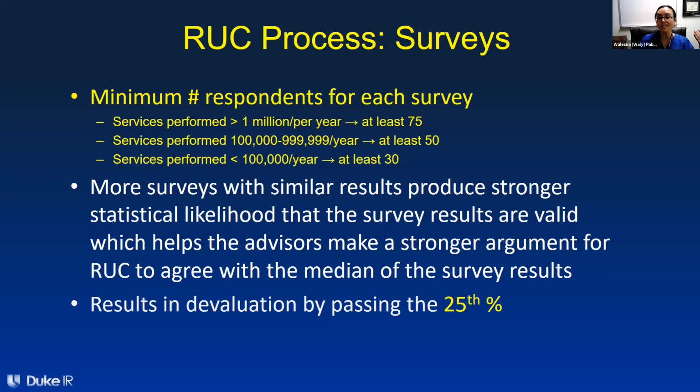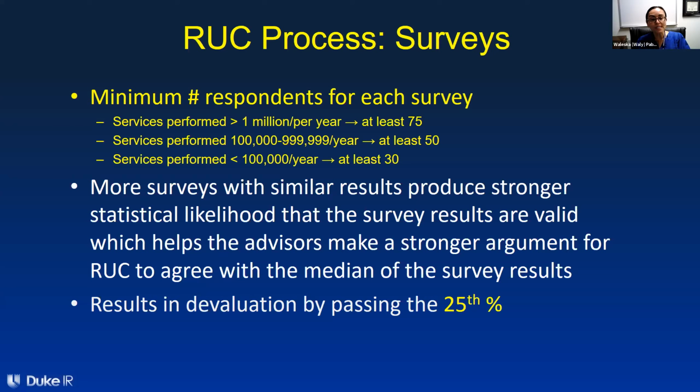It is important to submit not just the minimum number of surveys, but the most surveys that the specialty society can collect, because the more surveys with similar results produce stronger data and there's a stronger statistical likelihood that that data is valid, which helps the advisors make a stronger argument in front of the RUC, and the RUC consider the data more accurate.